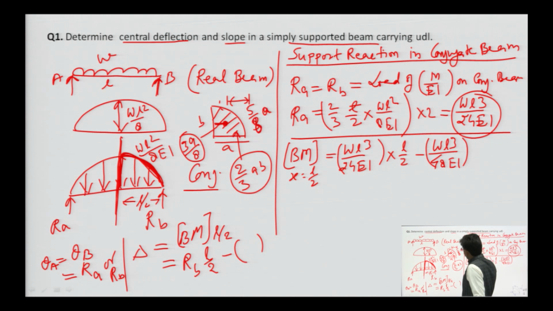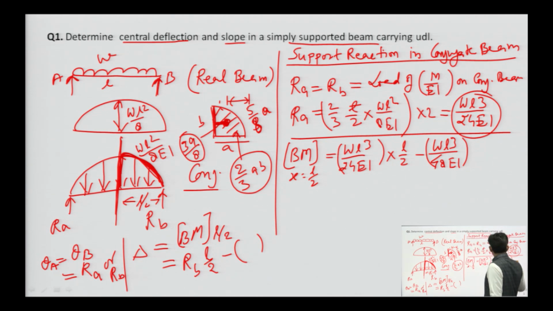So correct it. This distance, CG of this shape from this vertical line, will be 3a by 8, and it will be 5a by 8, not 5a by 3, so correct it please.